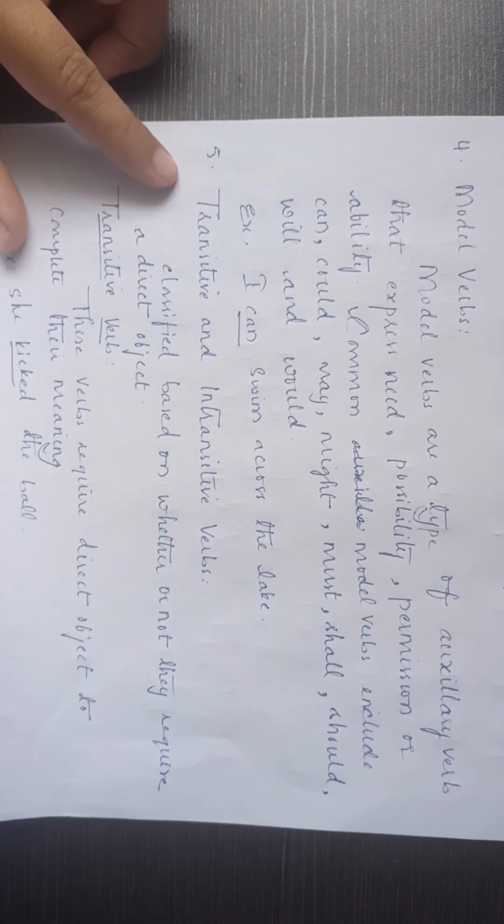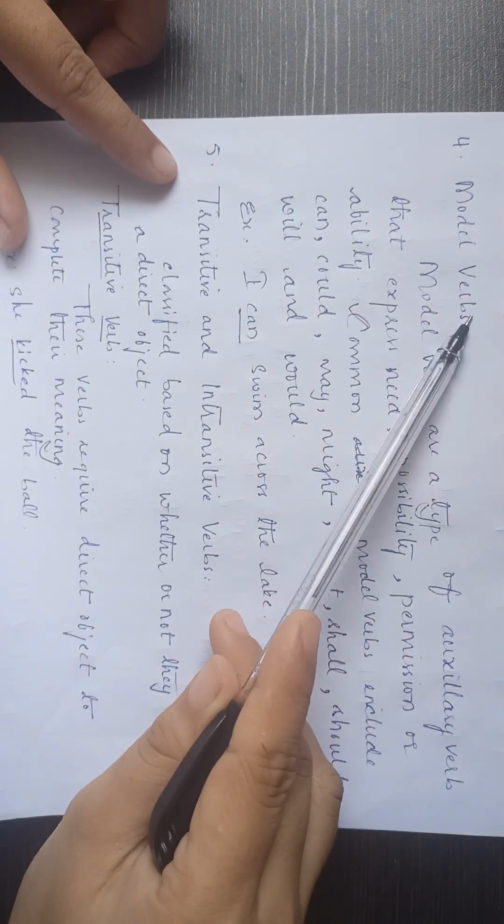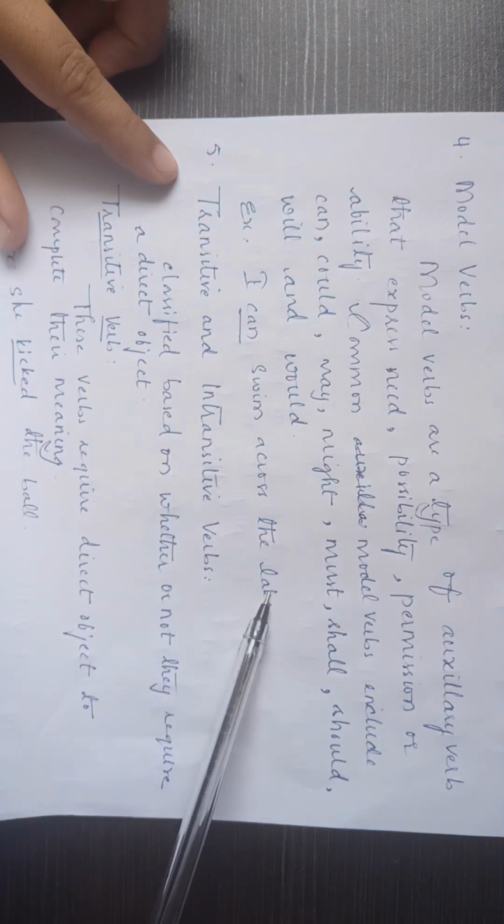So, an auxiliary verb that expresses necessity, possibility, permission, or ability is called a modal verb. Example: I can swim across the lake.